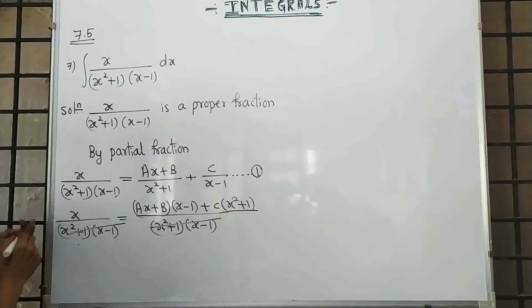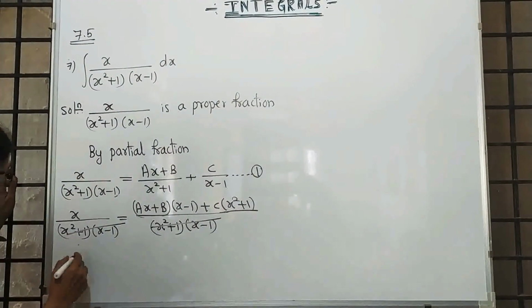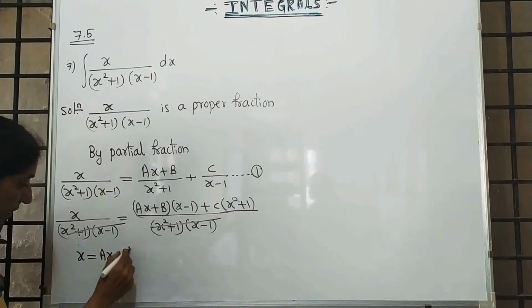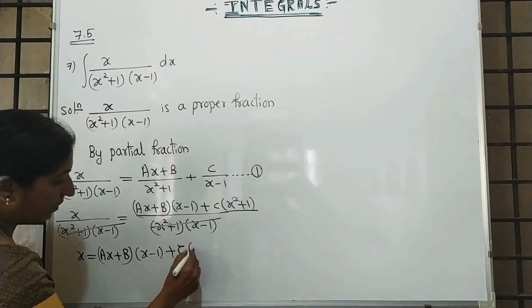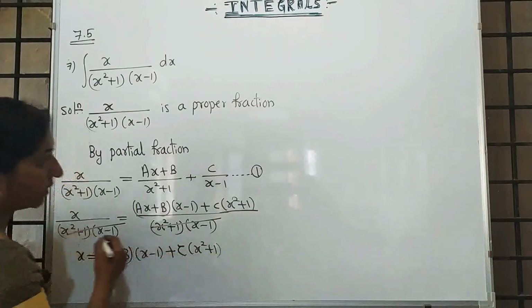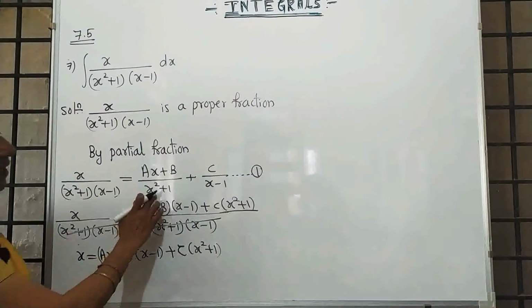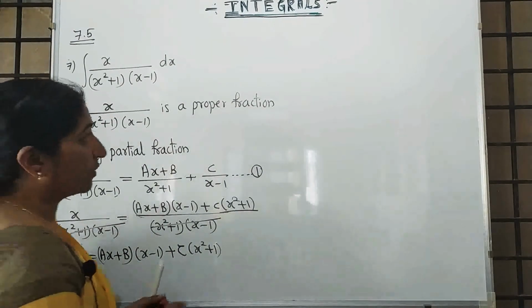Their denominators get cancelled. Now x is equal to (ax plus b) into (x minus 1) plus c into (x square plus 1). We have to take the linear terms one by one, but we have only one linear equation on the right side, so select that linear equation.